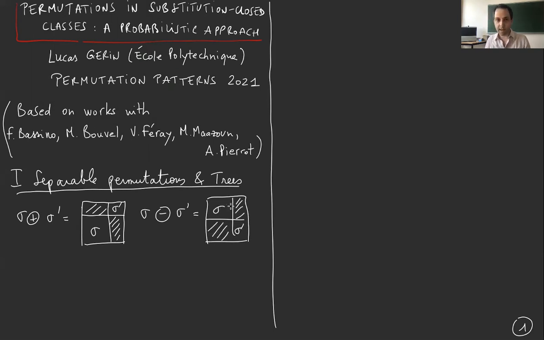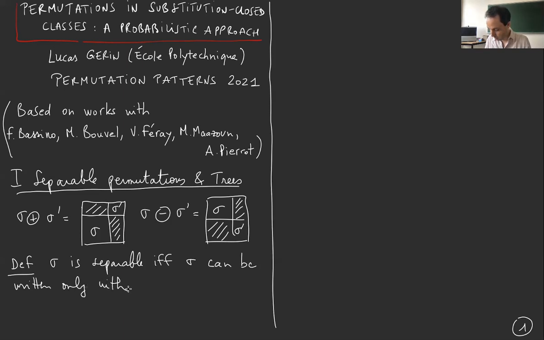And I say that sigma is separable if and only if sigma can be written with the trivial permutation 1 and the binary operators plus and minus.